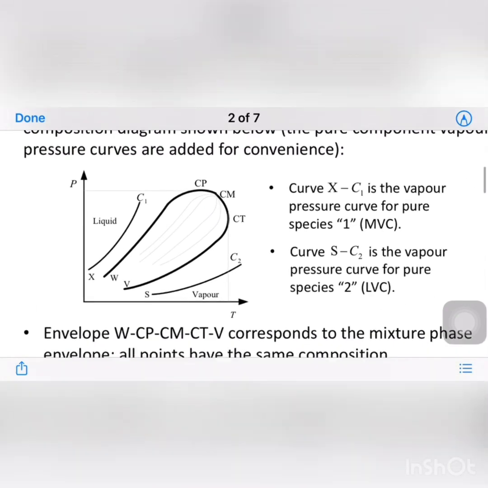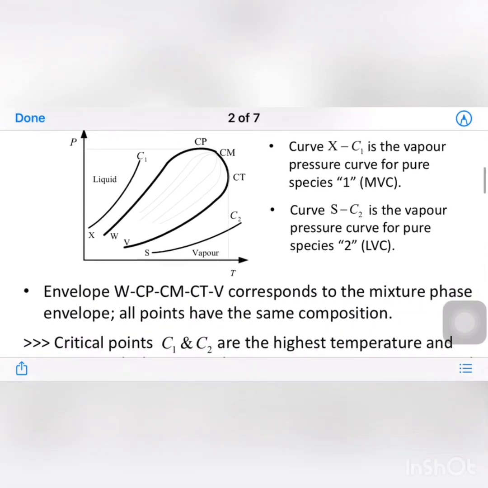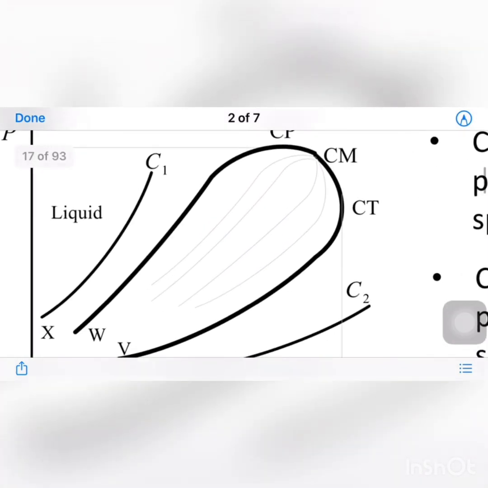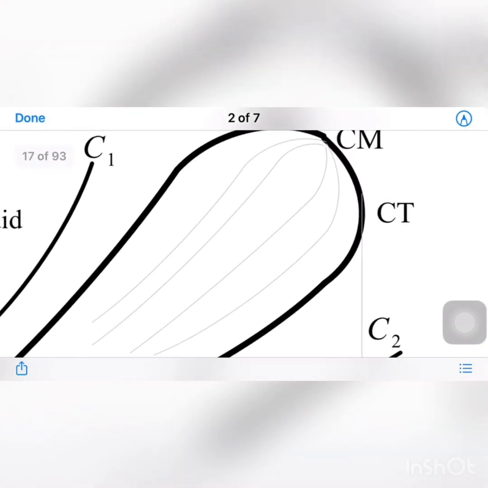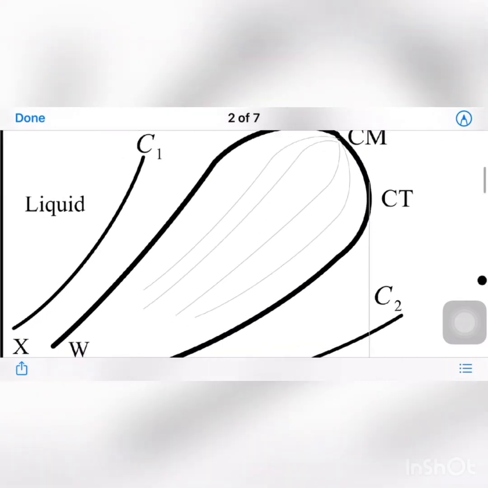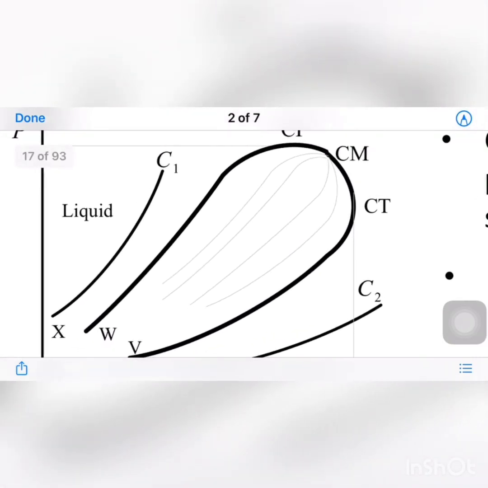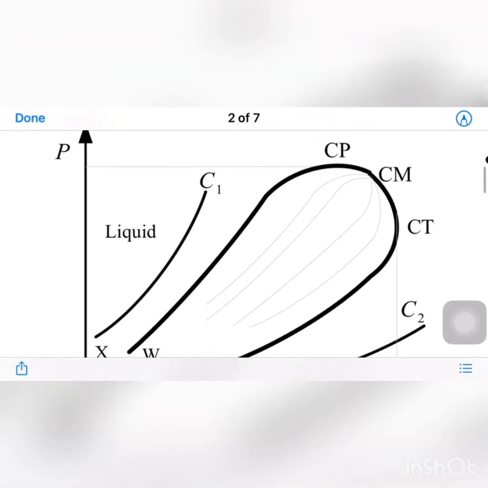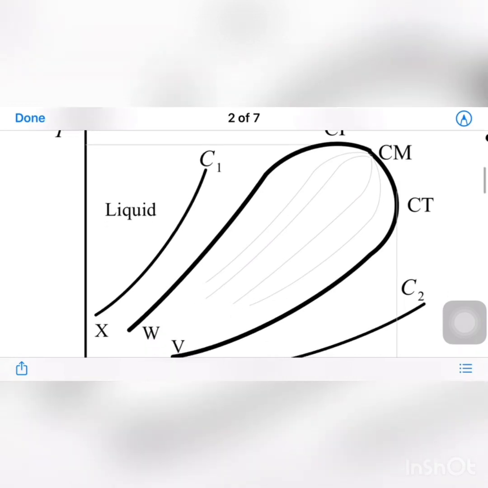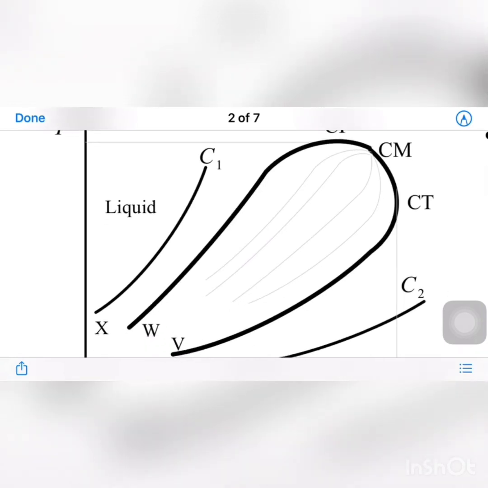And of course here we have these gray lines, which we call standard lines, related to different compositions. For example, on the bubble point line we have 100% liquid. On this first gray line we have 75%.